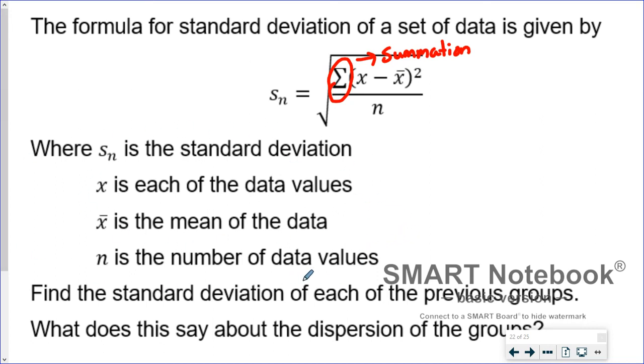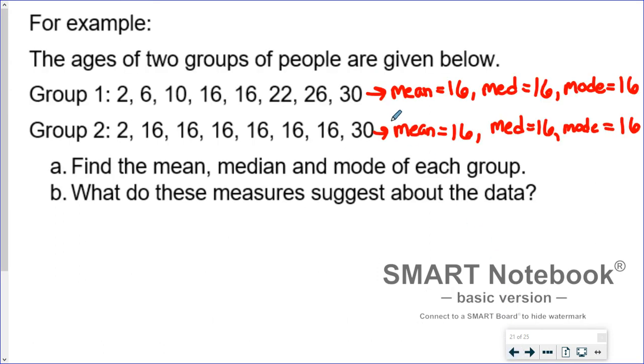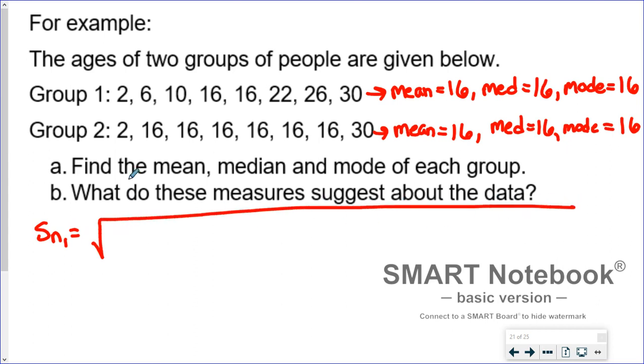So find the standard deviation of each of the previous groups. What does this say about the dispersion of the groups? I basically am taking the square root. So first I'll do group 1. It's going to be the square root.